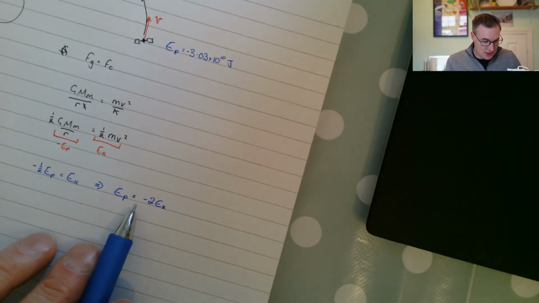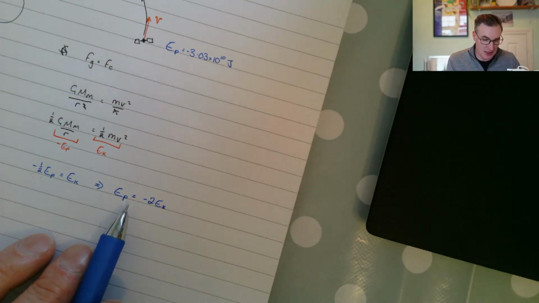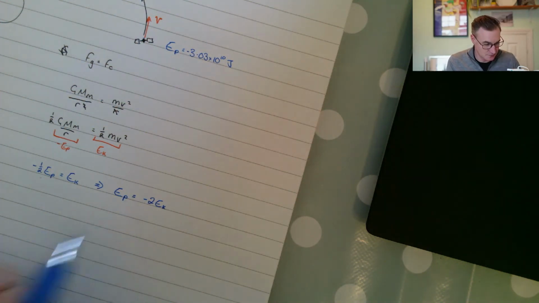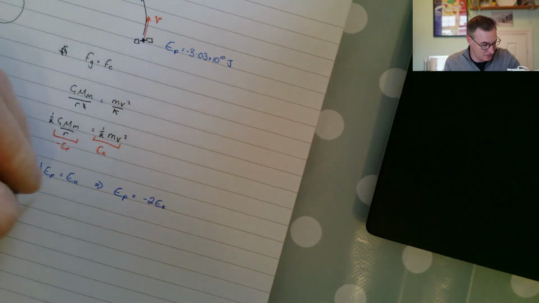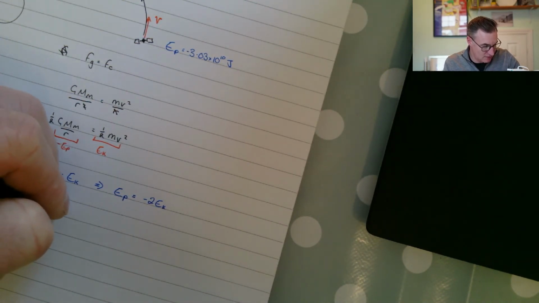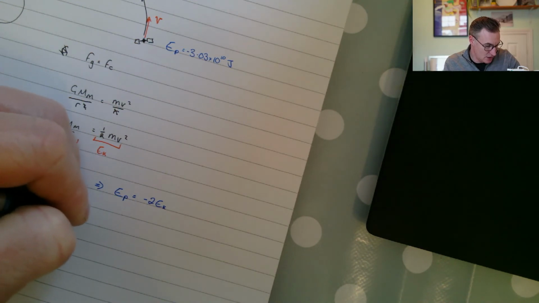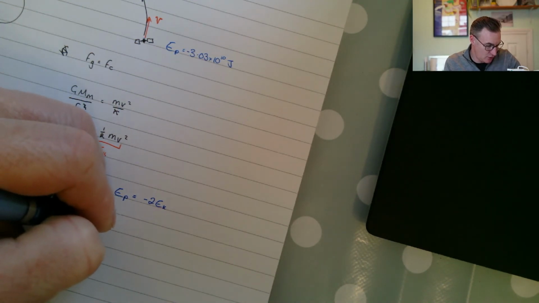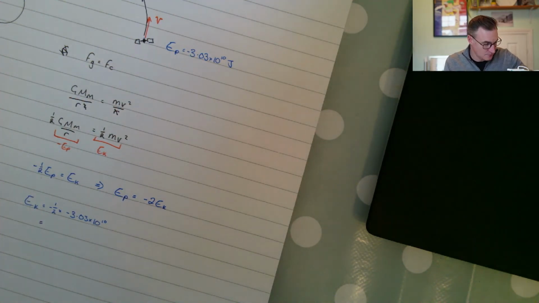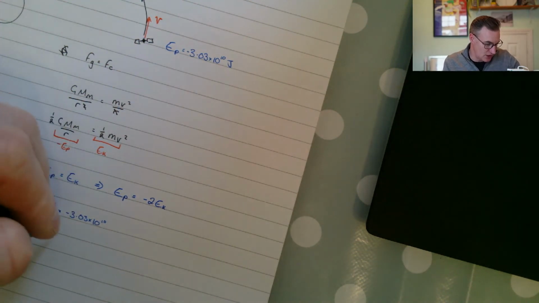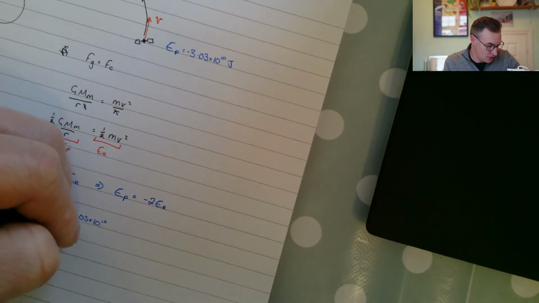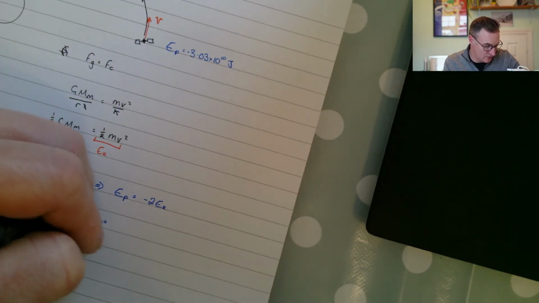If we know this, then the EK is going to be, if we multiply that by minus a half, minus a half times minus 3.03 times 10 to the power of 10, that's just going to be plus 1.52 times 10 to the power of 10 joules.